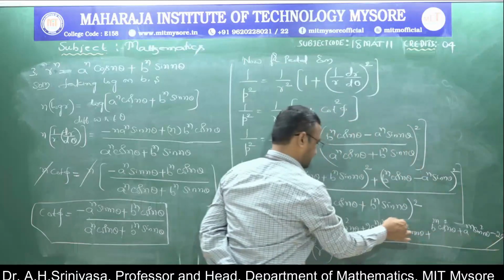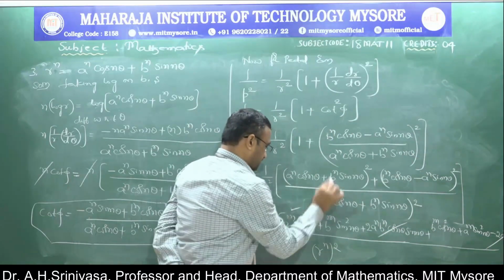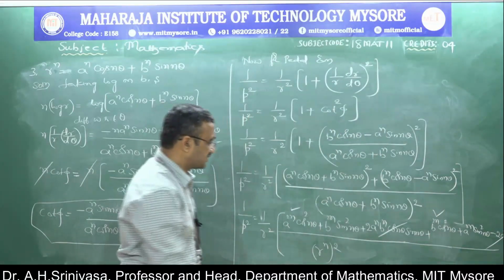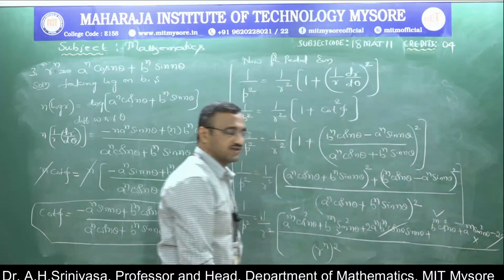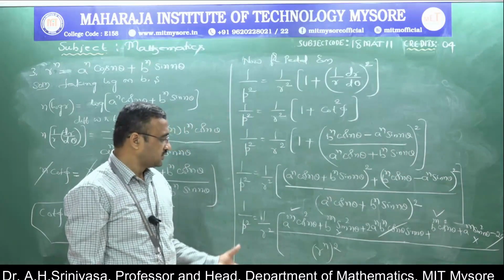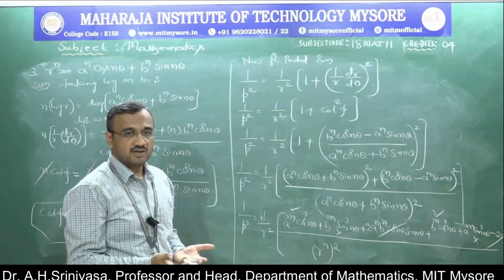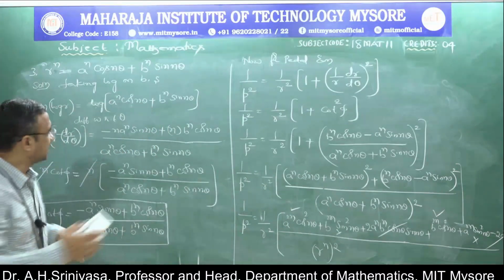See here, the positive and negative terms cancel. From these, take a common factor of cos square n theta, and from the other two take a common factor of sin square n theta. Just take a common factor of a power 2n and b power 2n from the respective terms. We get like this.